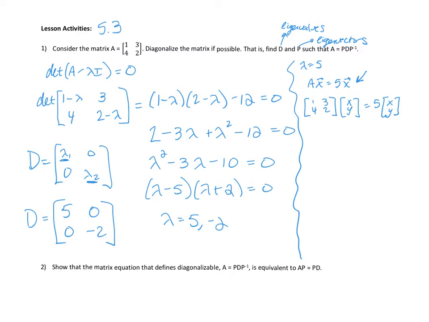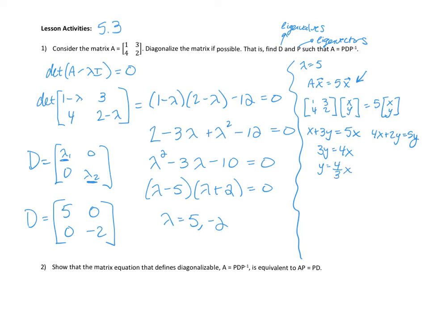So let's see, if I multiply this out, I get x plus 3y equals 5x, and 4x plus 2y equals 5y. So let's see, I'll solve for y. I get 3y equals 4x, so y is 4/3 x.